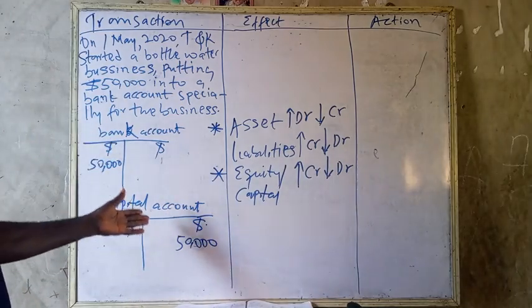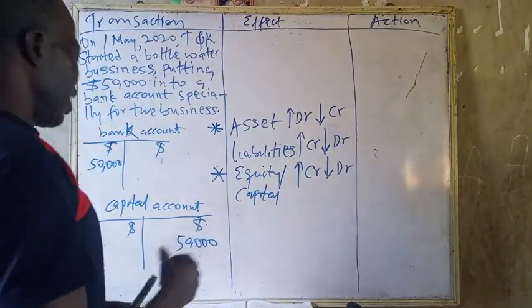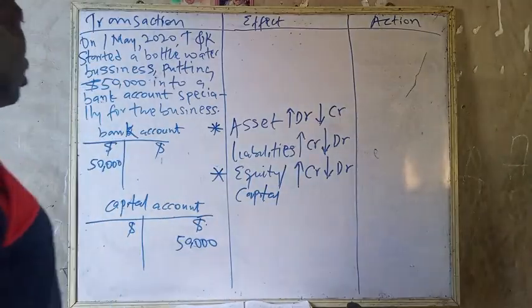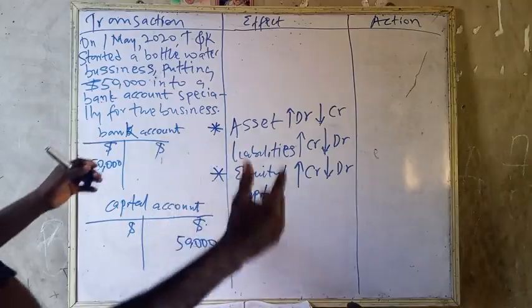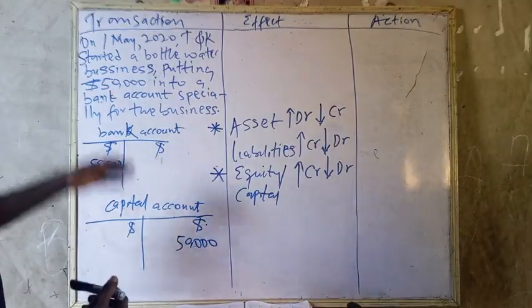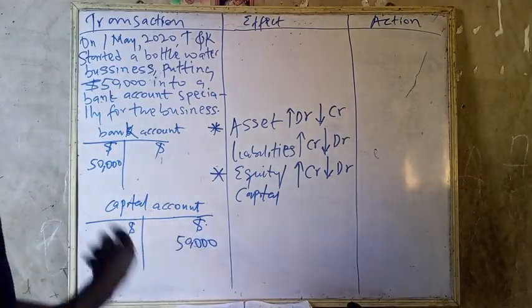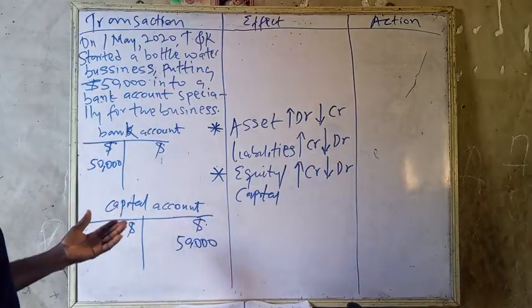Like I said in the definition of double entry, double entry bookkeeping is the recording of a transaction in which each transaction is recorded in at least 2 accounts, where one account is debited and the other is credited, or where one account is credited and the other debited, right?